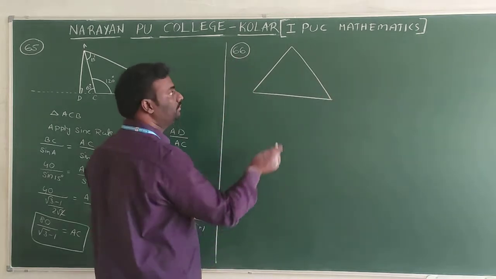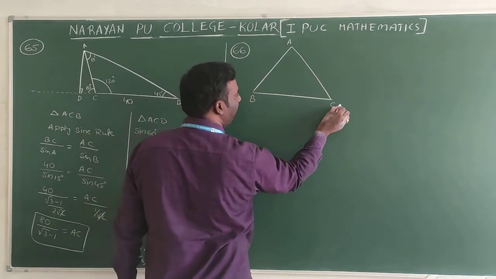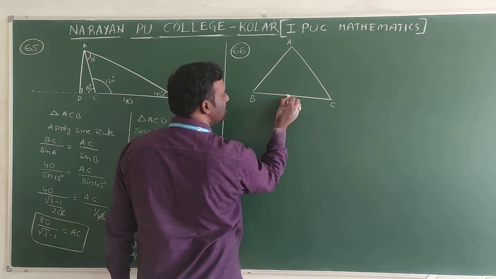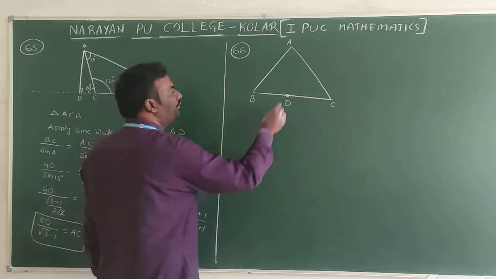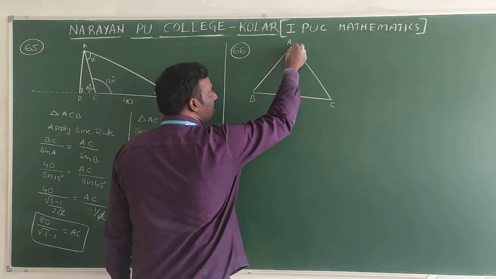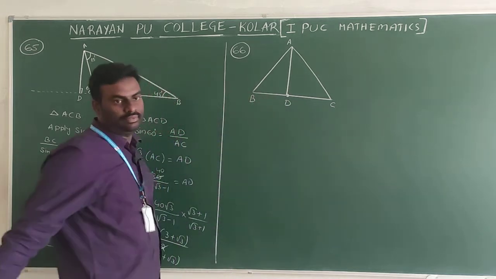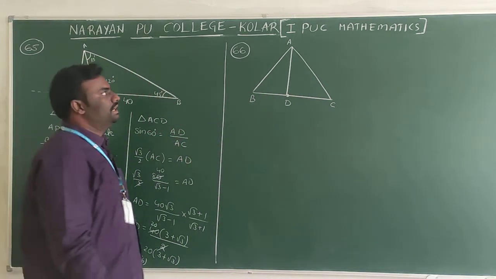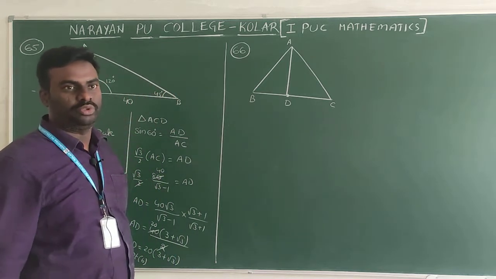This is triangle ABC. Median means compulsorily it is a midpoint. D is a midpoint. Now AD is a median. This median divides this angle in the ratio 1:2.